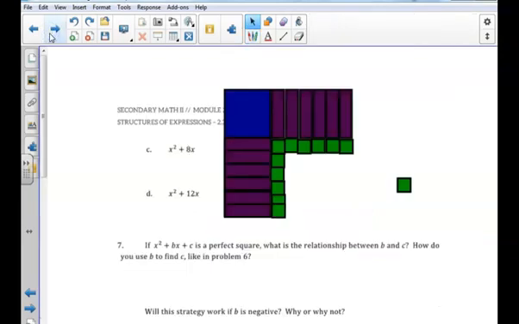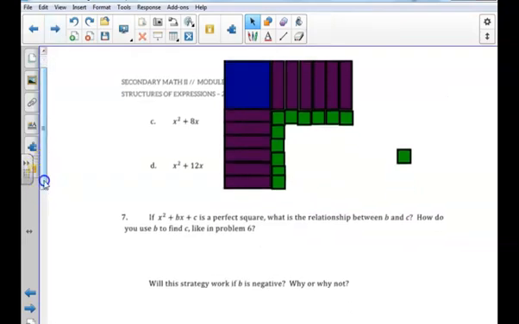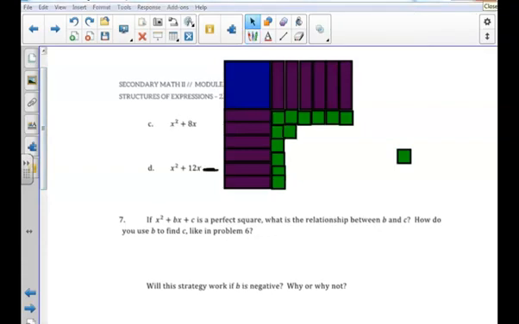Moving along to 6d, we are now also still asked to find the missing order that Clementine ate up. If we are asked to complete this square, we would need to add 36 green squares in order to make a perfect square. I can keep moving these green squares to visually show you that, but we know this is a 6 by 6 square or 36 little squares.